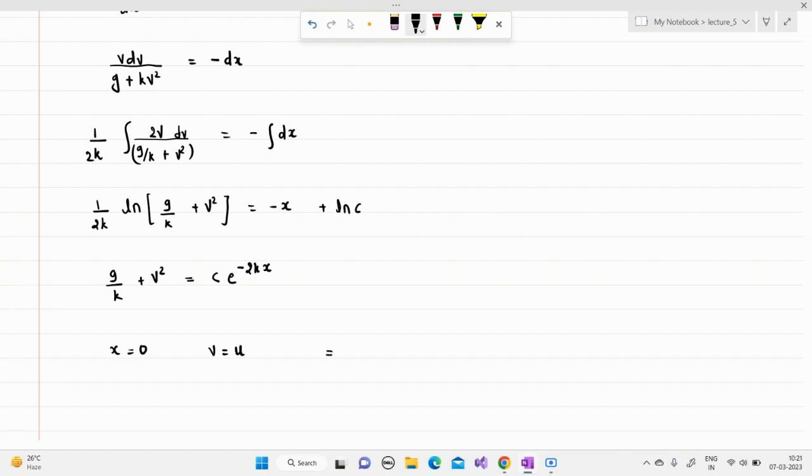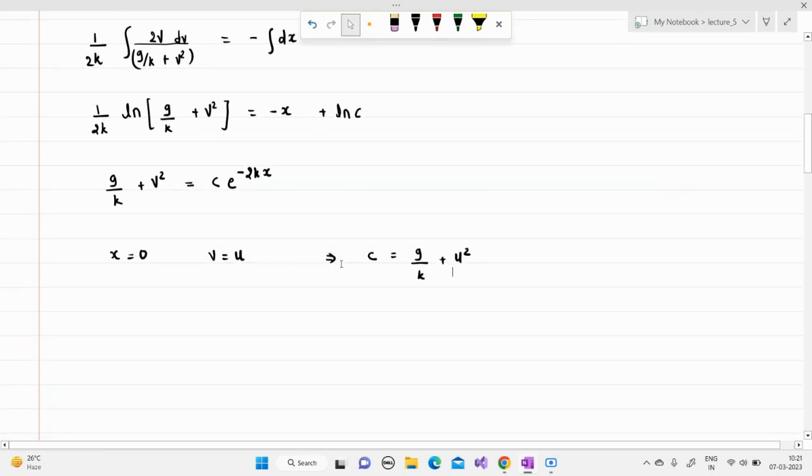So this implies c is equal to g by k plus u square. Okay, and this g by k term, let's say g by k is equal to lambda square. So if I put in the above equation, what do I get?